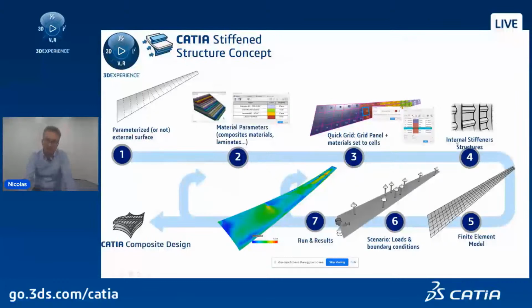We didn't spend too much time on the internal stiffener. At that stage, it's going to be mostly handled through the finite element analysis. You can put on your structural elements that you've defined with the quick grid some beam properties directly input in the FEM.